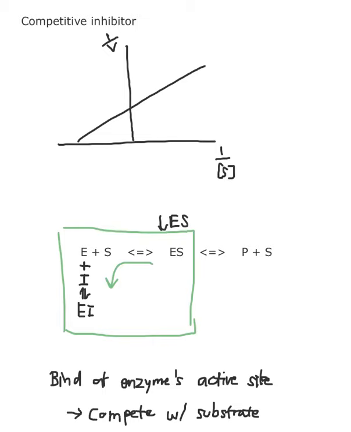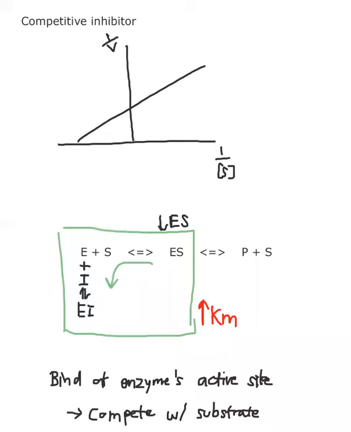It will increase the Km, right? Increasing the Km tells you the enzyme substrate complex is difficult to form, and there's a higher dissociation rate and low affinity for substrate to bind with your enzyme.